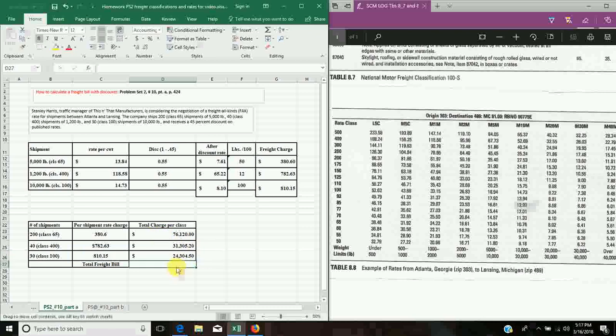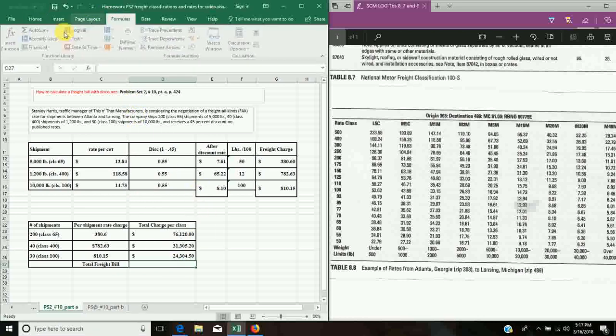And then we add these up. I have a sum here somewhere. And we come up with $131,729.70 for the shipment charge. Okay? All right.